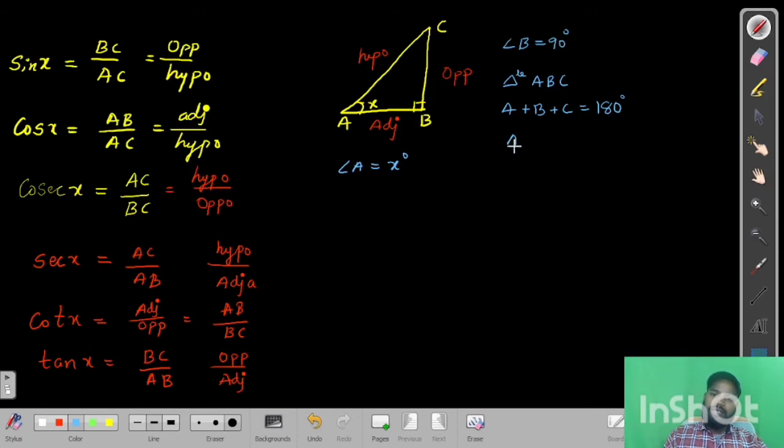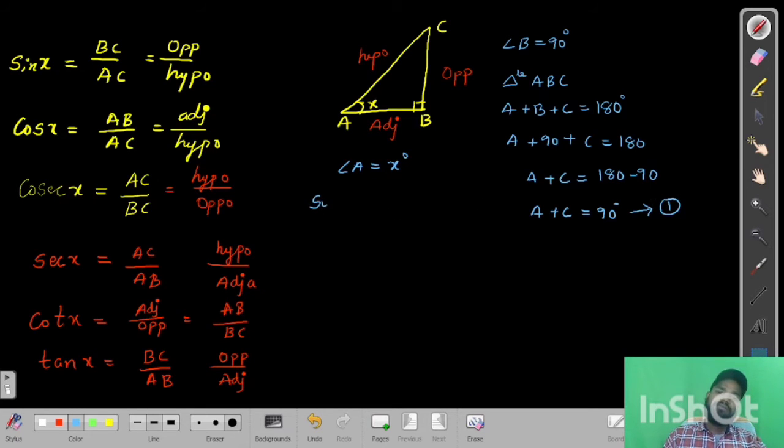So A plus 90 plus C equals 180. Now A plus C equals 180 minus 90, that is A plus C equals 90 degrees. Yes or no? But we need angle A equal to x degrees, we know. Let us consider this as your equation 1.